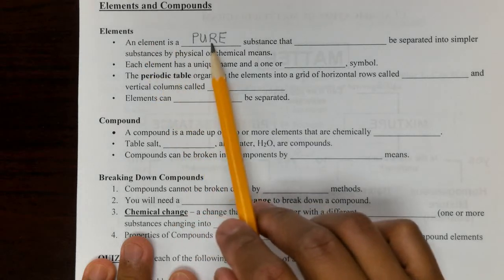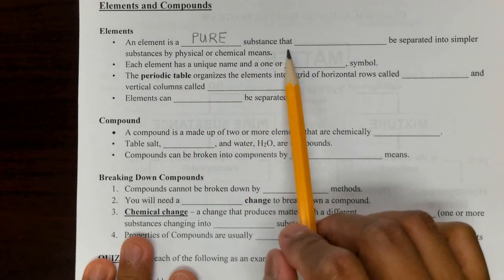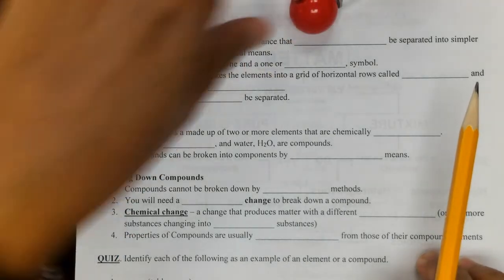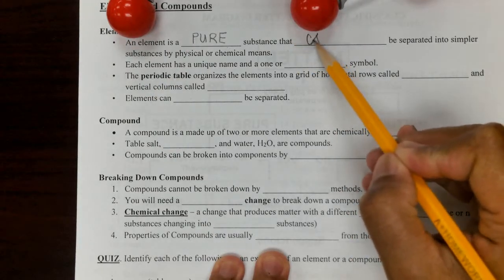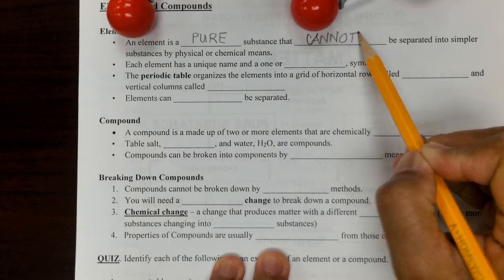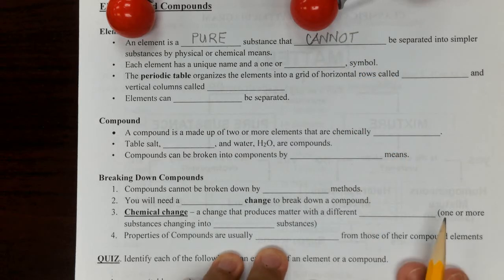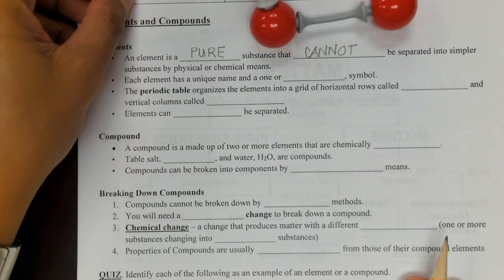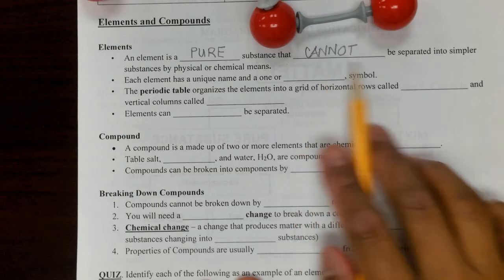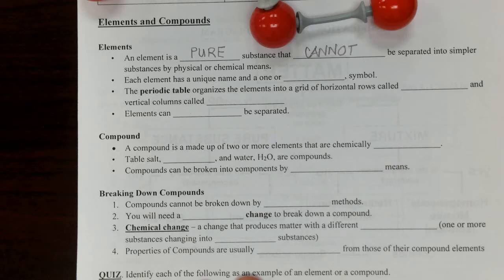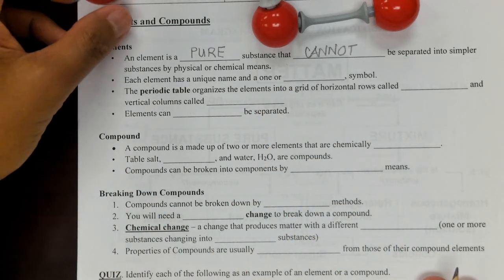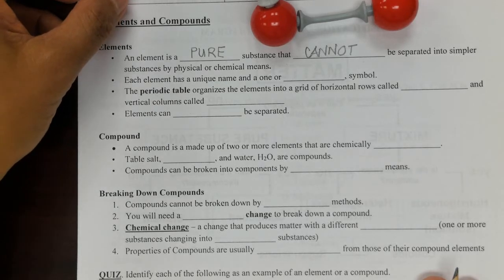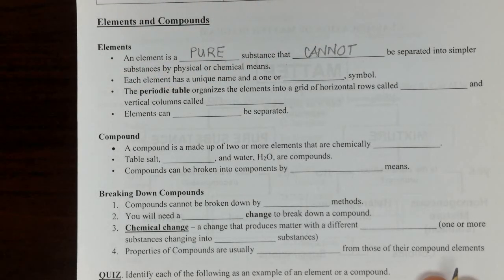So an element is a pure substance that, because it is just made up of one type of atom, cannot be separated into simpler substances anymore. So I hope you got the first bullet for the elements.